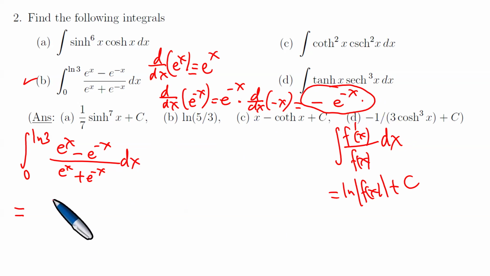So the derivative of the whole denominator: the derivative of e to the x is e to the x, and the derivative of e to the minus x is minus e to the minus x.